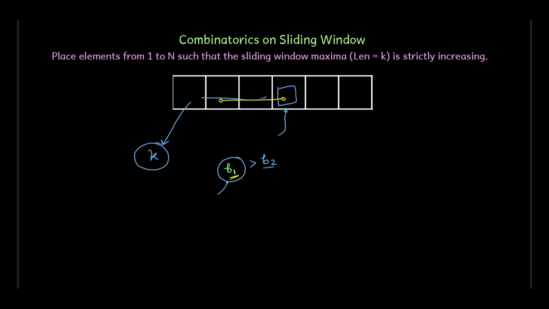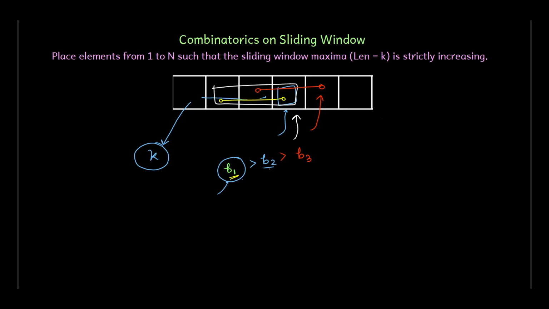Then you can apply the recursive argument, that is, consider this window and we know that the maxima is at the terminal position. Then what about this window that will emerge next? Then you can make the same argument that this incoming element has to be bigger than this element, that is, this has to be greater than b3.